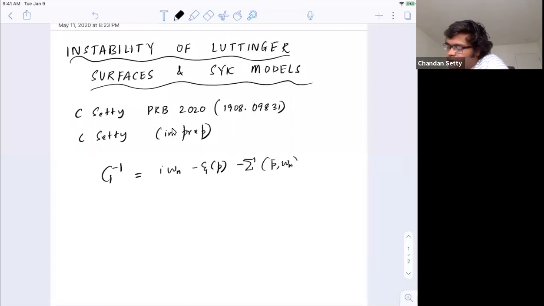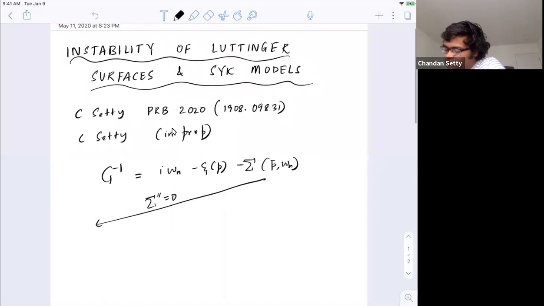It looks like this, where this is some single particle dispersion, and you have some interactions in the problem, and those interactions are captured in the self energy. Now, in the simple case where the self energy is very small or close to zero, one can define a Fermi surface, which is basically the contour where the Green's function diverges or has poles.